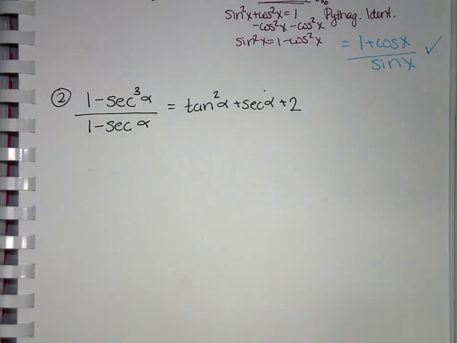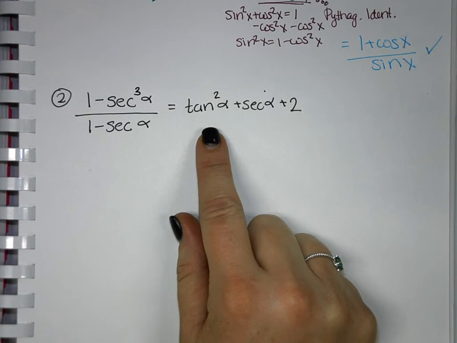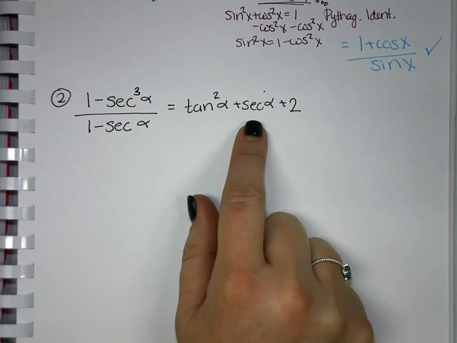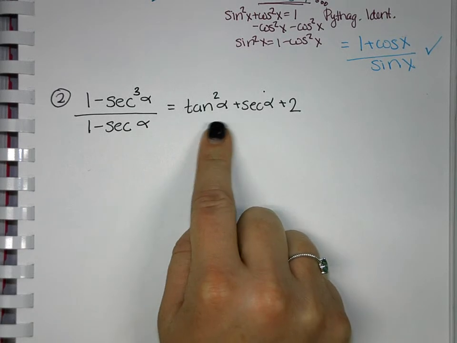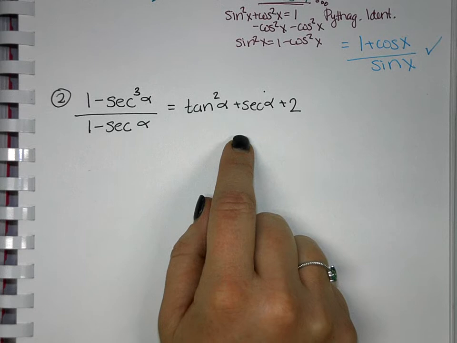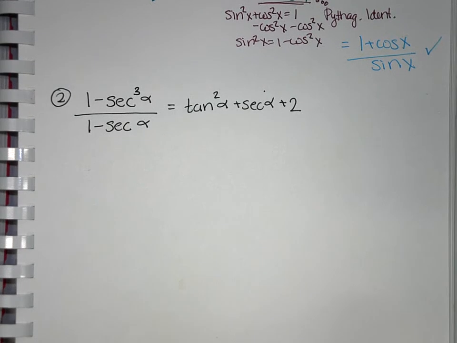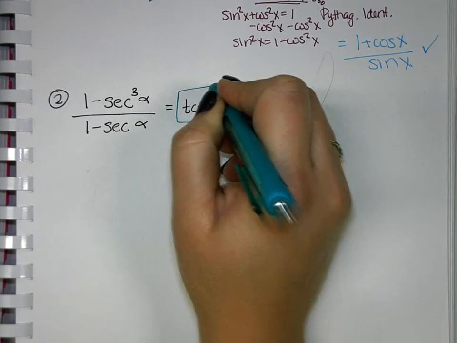So I can think of a couple things I can do. On the right, if I were to try factoring, I'd get stuck because these aren't the same trig function. So the only thing I could think of would be maybe a Pythagorean identity to go in here. But still, I'm not really sure what would happen after I plug that in. So I'm going to go with, again, boxing the right and working with the left.